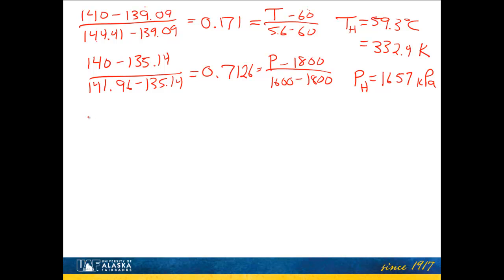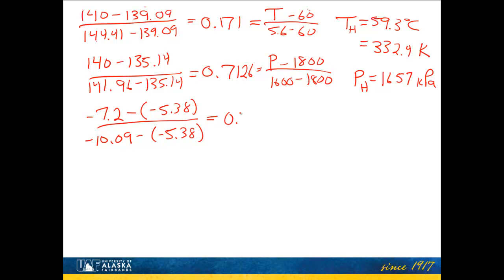We had minus 7.2, and this was between minus 5.38 and minus 10.09. I'm trying to find that corresponding pressure. That ratio is 0.386, and that was between the pressures of 240 and 200.